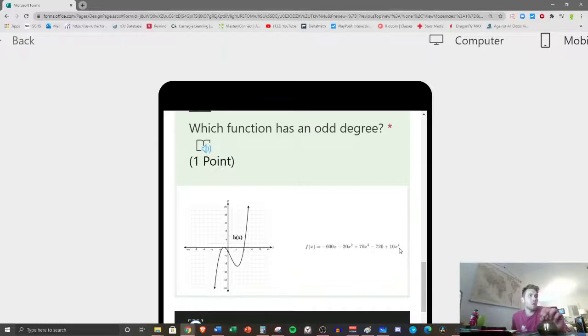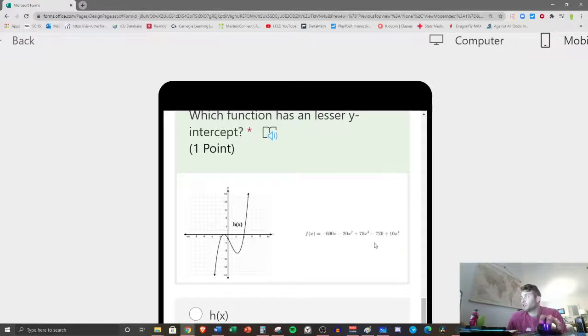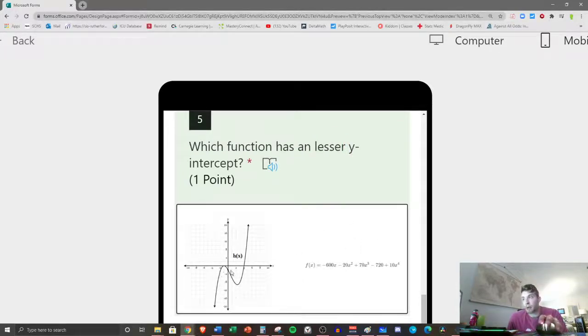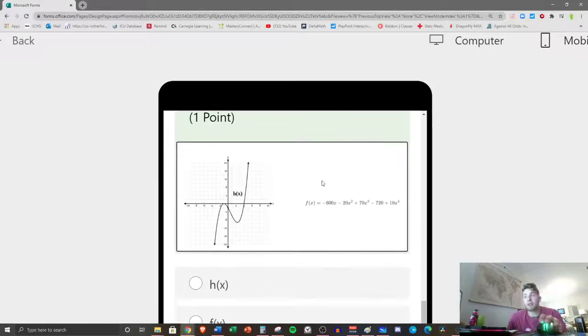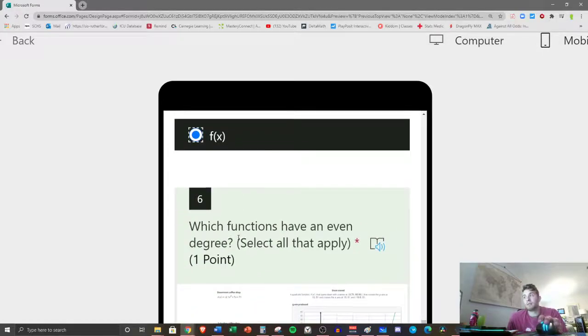It's the term without the variable. It's the constant. So negative 720, here it is. Negative 720 is actually the y-intercept for this function right here. That's really low. So it'd be hard to imagine one that's lower, especially from a graph, whereas this one, negative 2. So it's not even close. F of x is definitely the lower y-intercept.